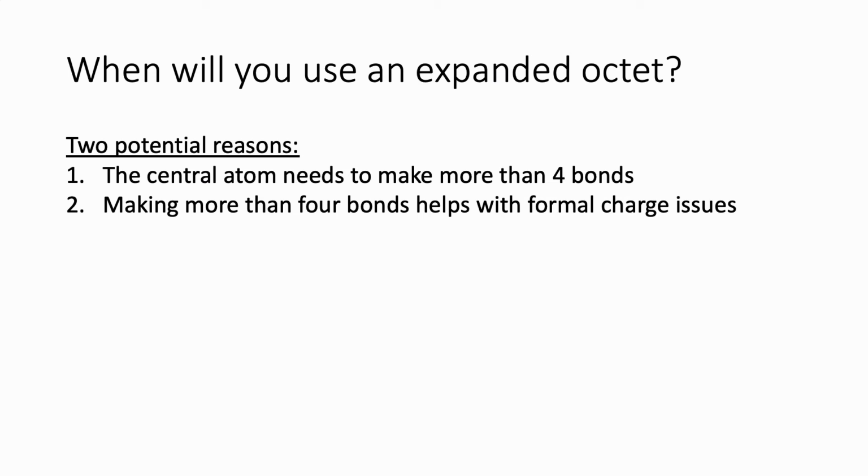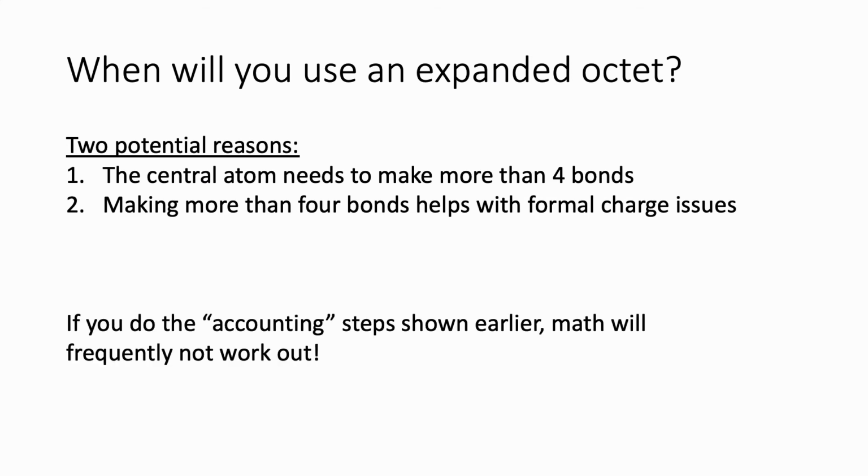But if you make some double bonds, so more than 4 bonds, that would actually help you with formal charge issues, the same way that making fewer bonds helped with formal charge issues for the incomplete octets. In both cases, when you're doing the math phase, the accounting steps, you're going to end up with weird answers if an expanded octet works. So what do I mean by weird answers? The best thing to do is to show you.